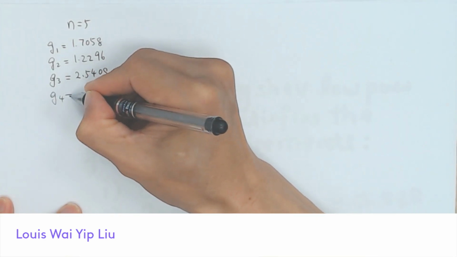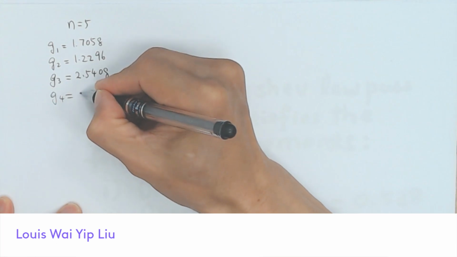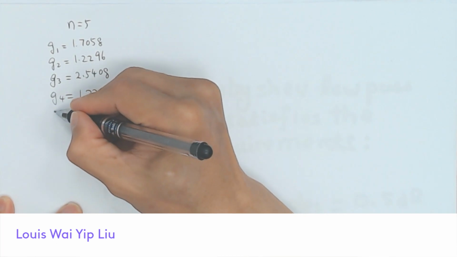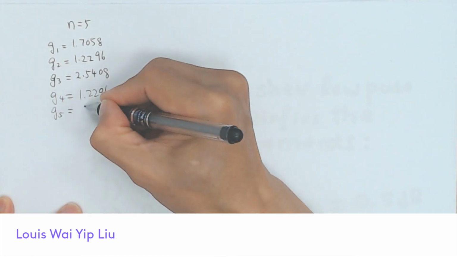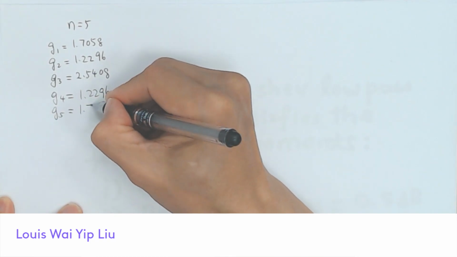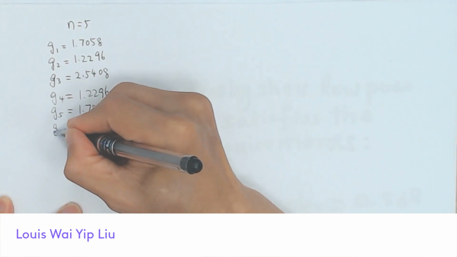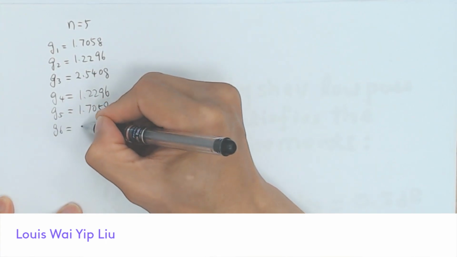G4 is 1.2296 again, and G5 is 1.7058, and finally we add one more stage for the final stage.